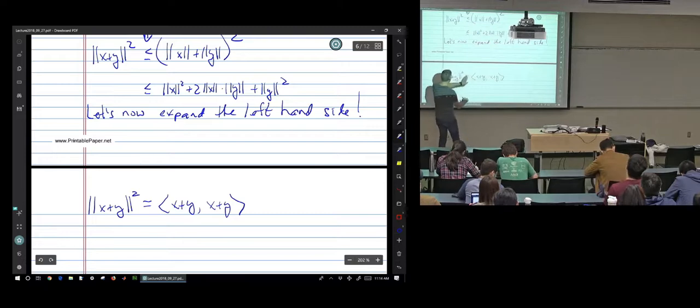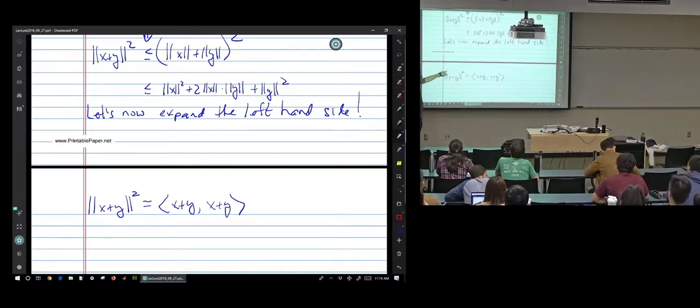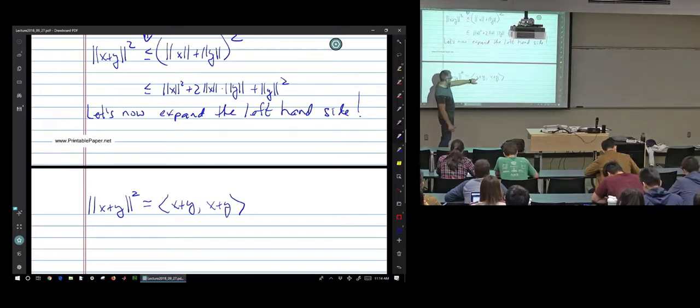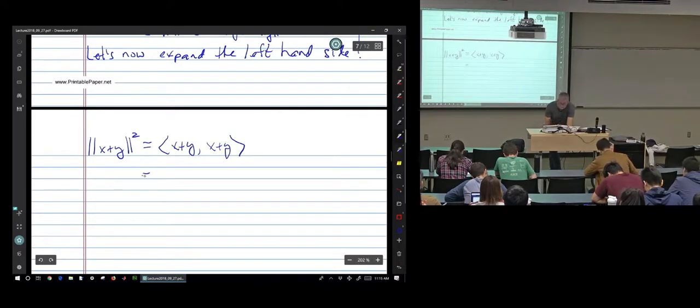This is why it was super important that when the 2 wasn't here, the half was here. So that's the definition of the double bar symbols squared. It's the inner product of x plus y with x plus y. This thing is linear on the left. Let's just use it. So it's the inner product of x with x plus y plus the inner product of y with x plus y.